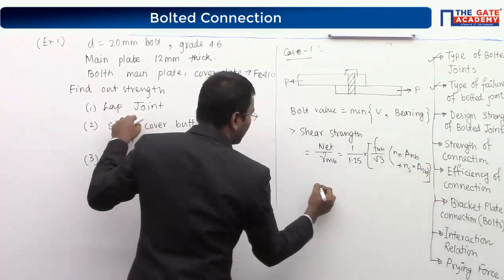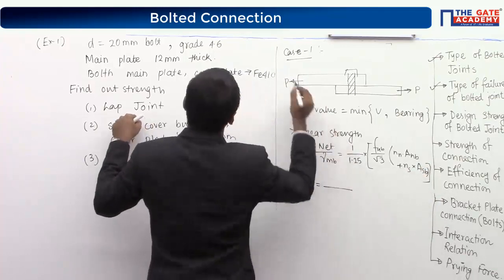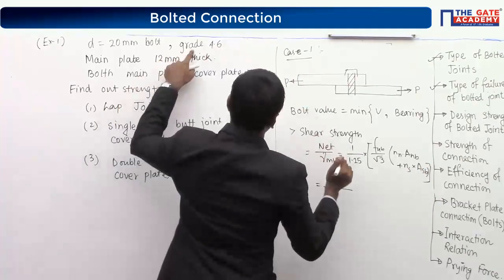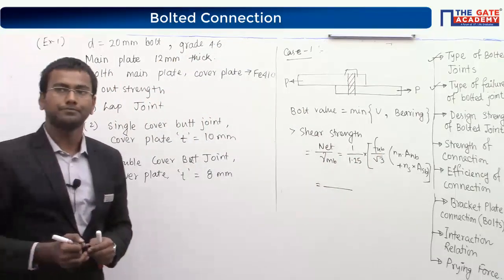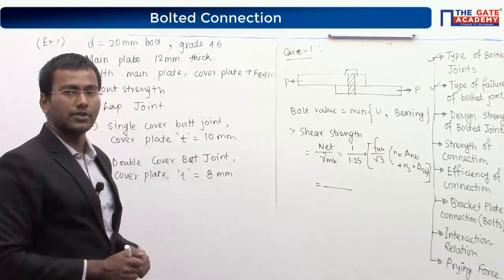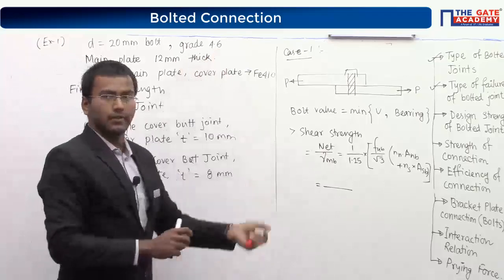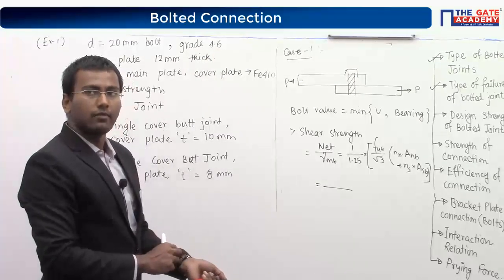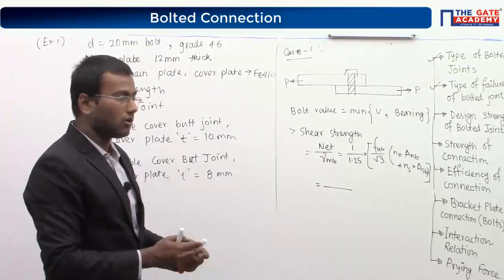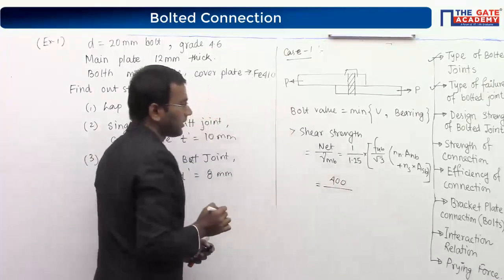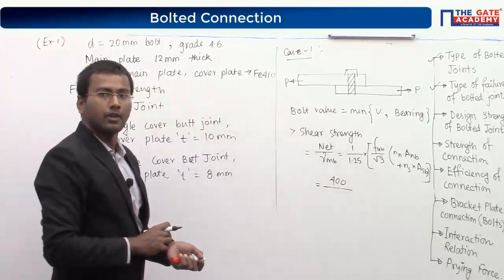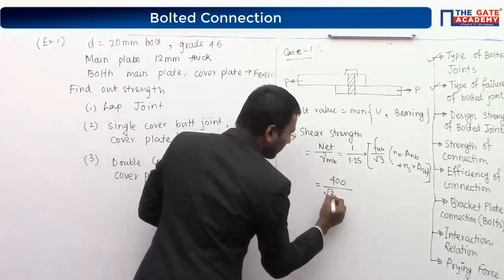So f of ub for grade 4.6 is given here. You can check the table I have given: f of ub, the ultimate stress of the bolt of grade 4.6, will be 400 megapascal or Newton per millimeter square, divided by root 3 into 1.25.